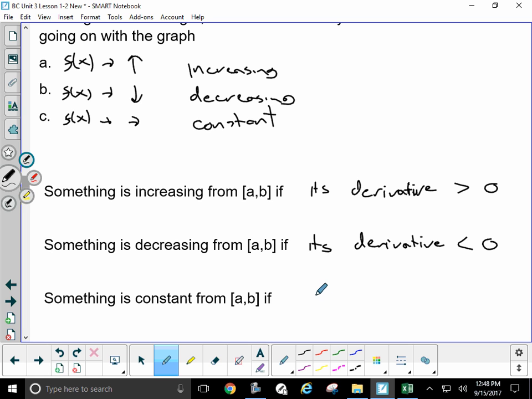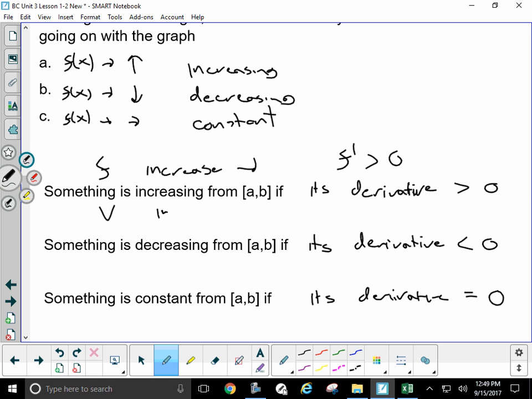Something will be constant if its derivative is 0. F will increase when f prime is positive. V will increase if V prime is positive.